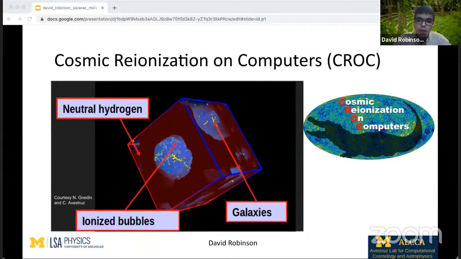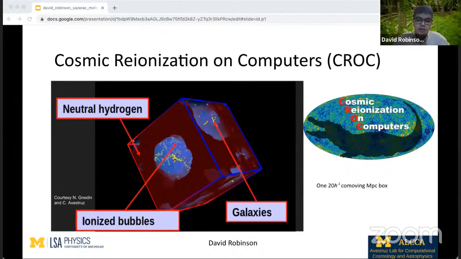Now, for the purposes of this project, we used a single 20 h inverse comoving megaparsec box realization of these simulations. And so I mentioned that the simulations track the ionizing radiation field, and then also because they're hydrodynamic simulations, you need to follow the cooling and heating functions.